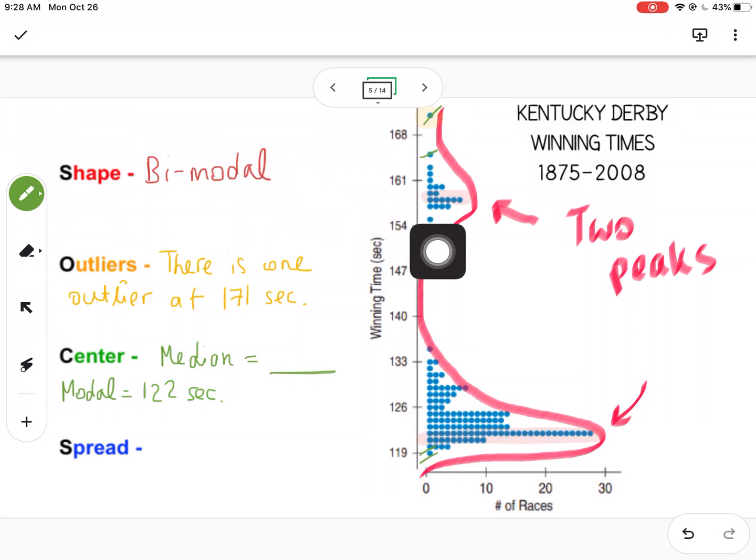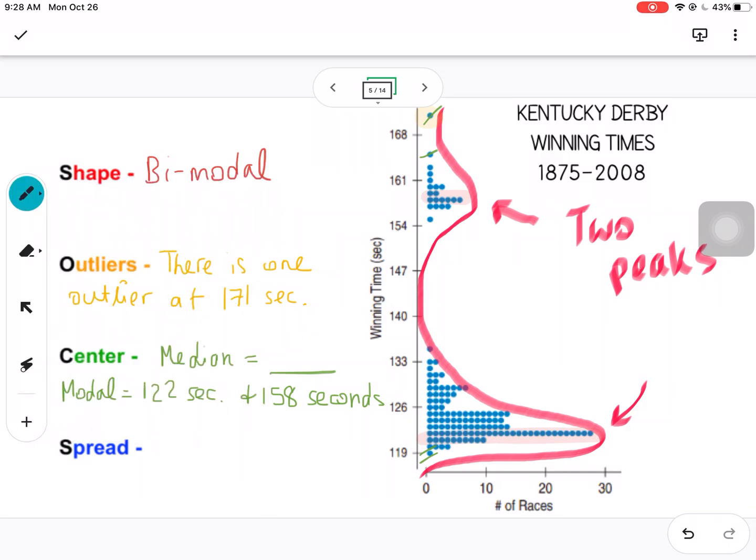If we look at the top up here, I would say that this is another modal group because it's where our second peak happens. 61, 60, 59, 58. And then our data is not a normal distribution, so we can't estimate the mean at this time.